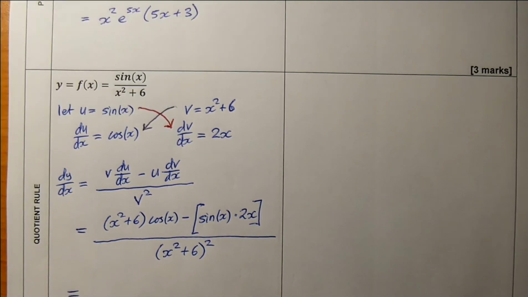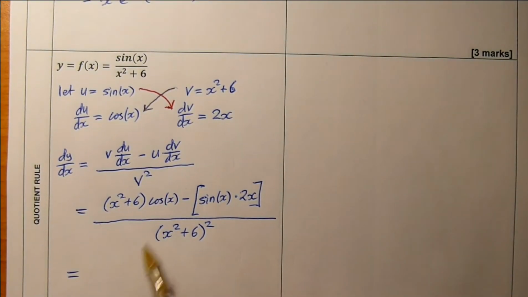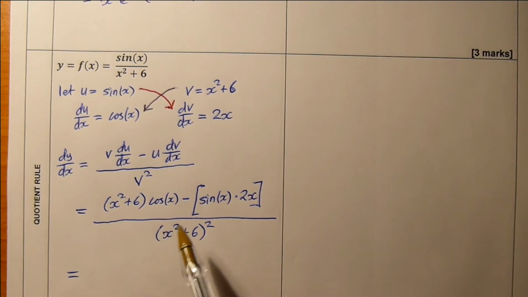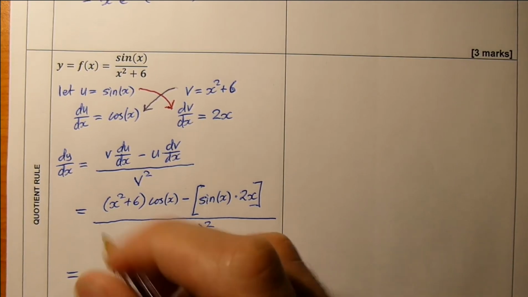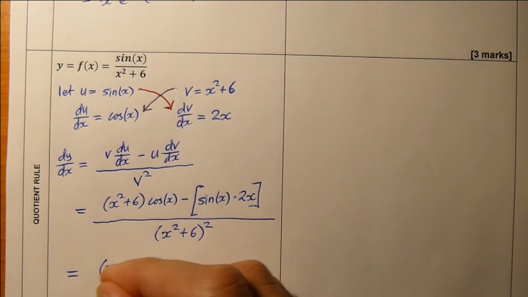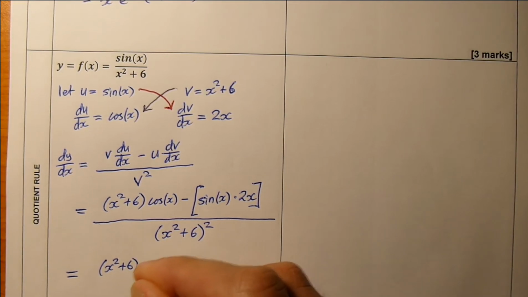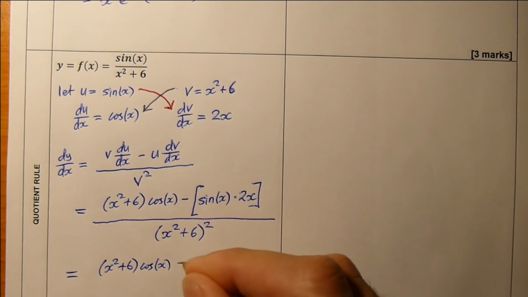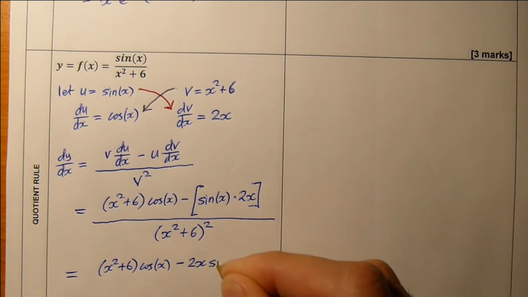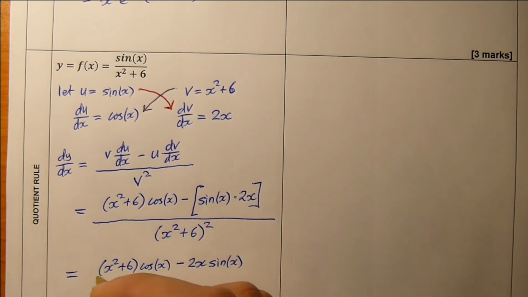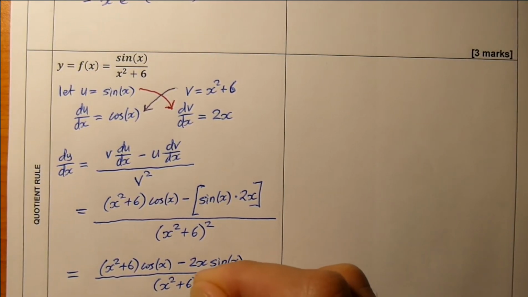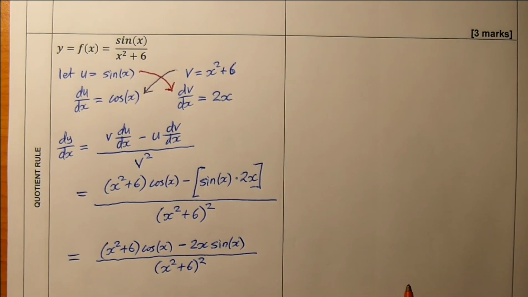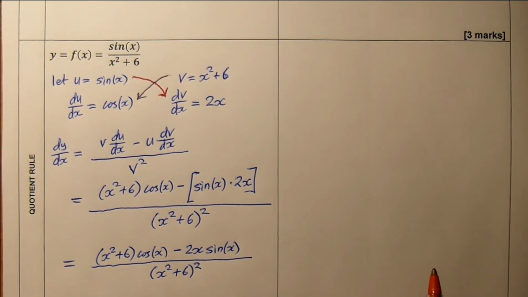Now usually what happens next is there's a bit of simplification and work that can be done to tidy this up and cancel things, but in this case there's not really too much you can do. So x squared plus 6, cos x minus 2x sin x, all over this squared. Okay, so that's probably the hardest or the trickiest rule to apply.